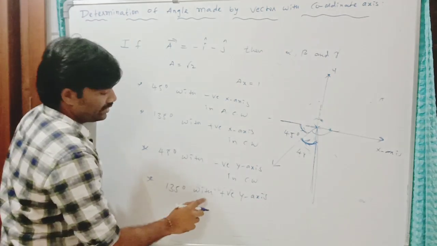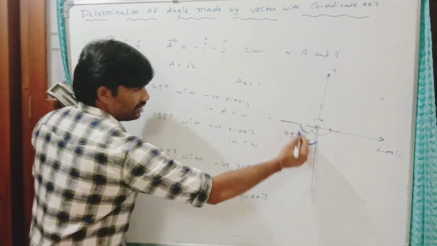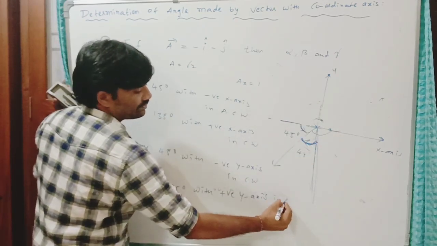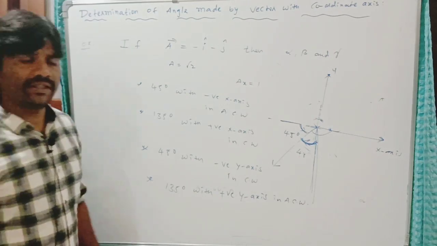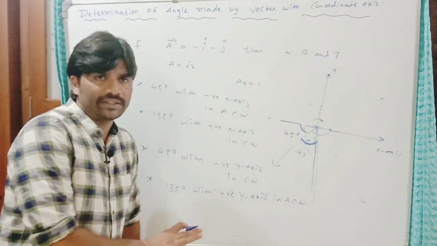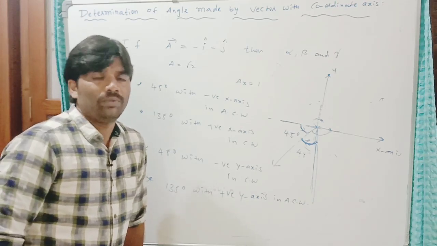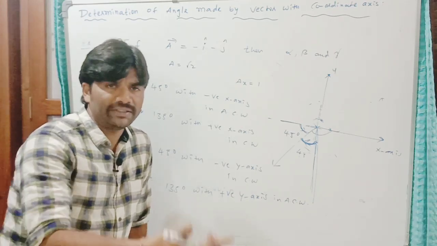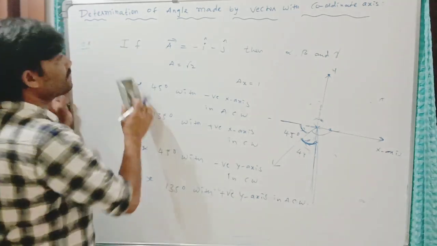So here it is 135 degrees angle with the positive y-axis in anti-clockwise direction. I think you understood how to describe the direction of a vector, or the angle made by the vector with the coordinate axis, whether the measurement is clockwise or anti-clockwise. Clear?